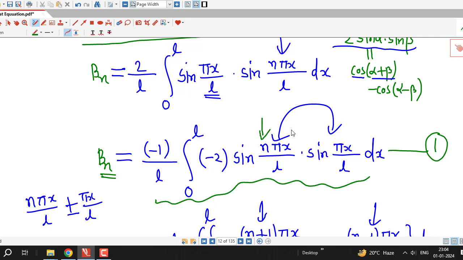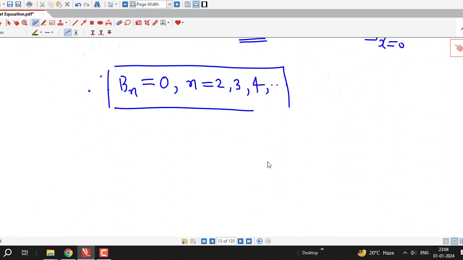If I take n equal to 1 in this equation, I will have minus 2 sine πx/L into sine πx/L, that will be sine square πx/L. And here we don't require the negative sign, so we will keep 2 as it is. So for n equal to 1 in this equation, we will have B1 equal to 1 by L times 2 sine square πx/L. So that I am writing here.